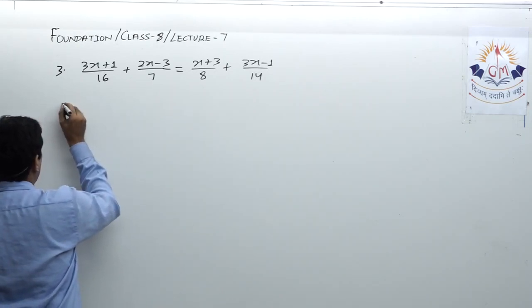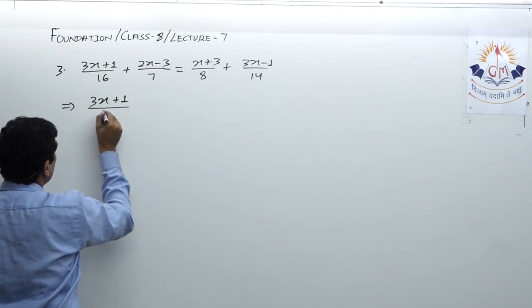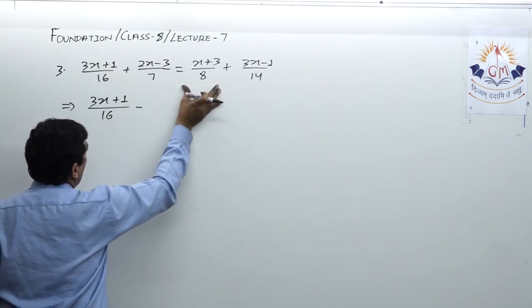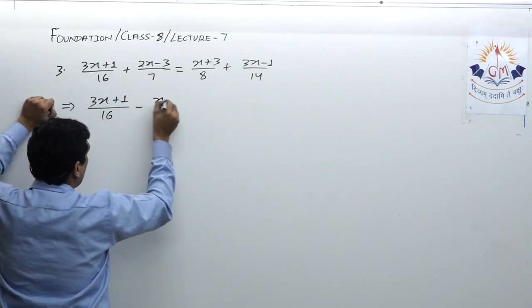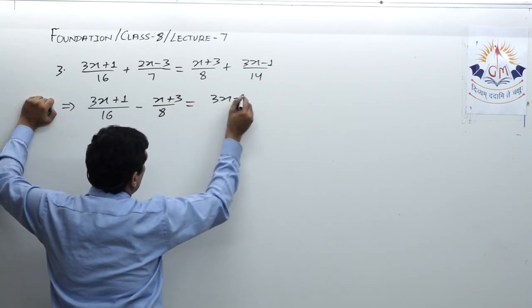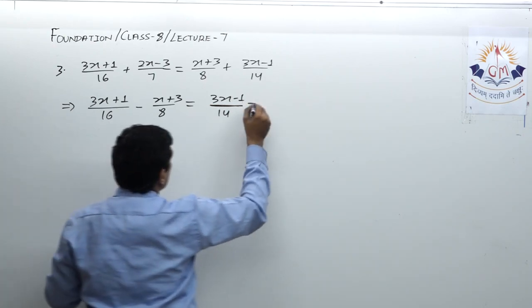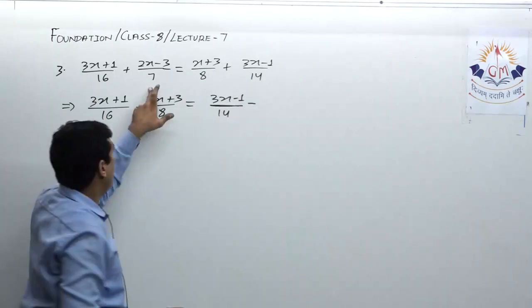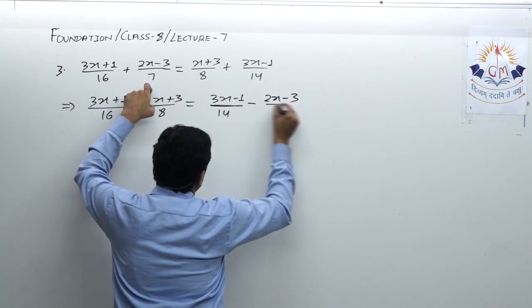So for that, what I have to do, I will take the terms of the required denominator on the same side. I want these two terms together, so I will take this term on this side. So (x plus 3) upon 8 is equal to (3x minus 1) upon 14 minus, now 14 and 7, these denominators I want together, so I will take this term on that side, that is (2x minus 3) upon 7.